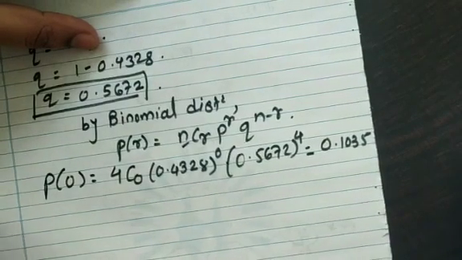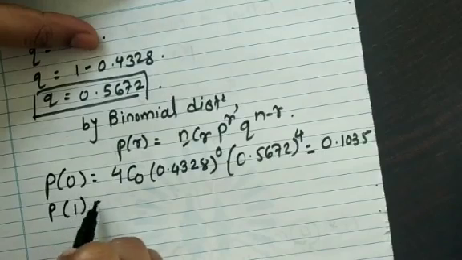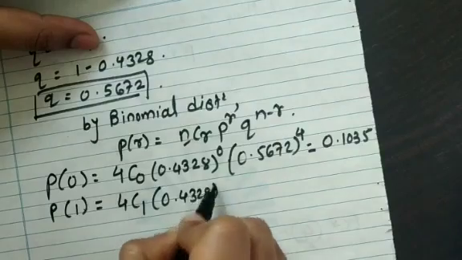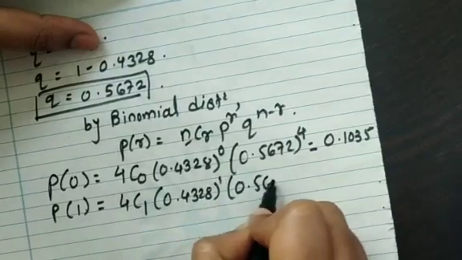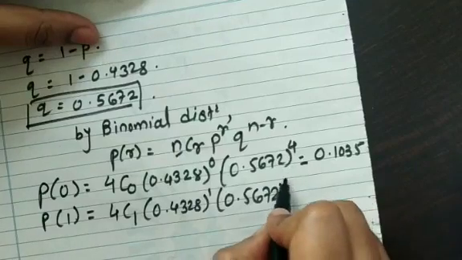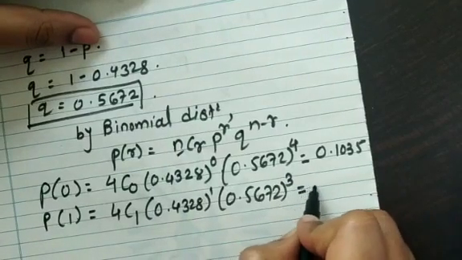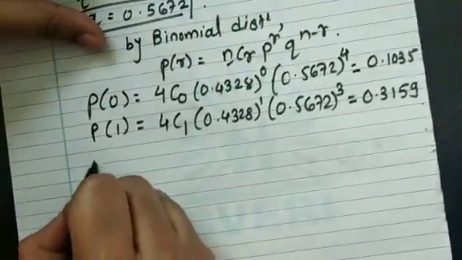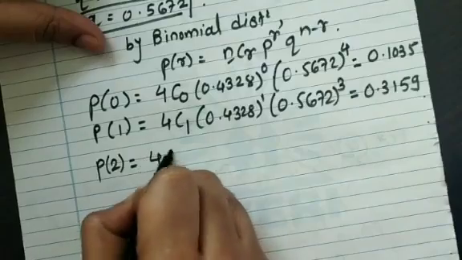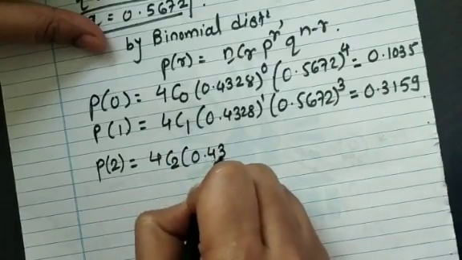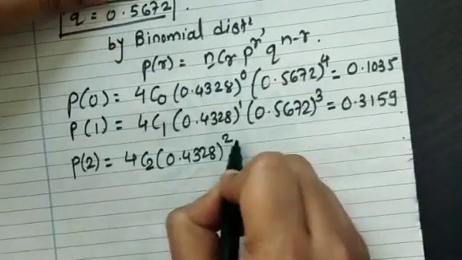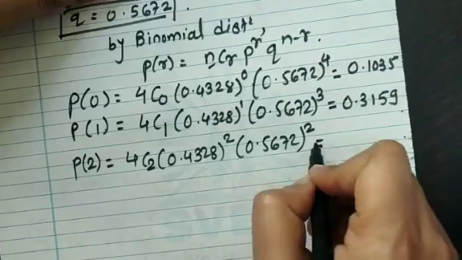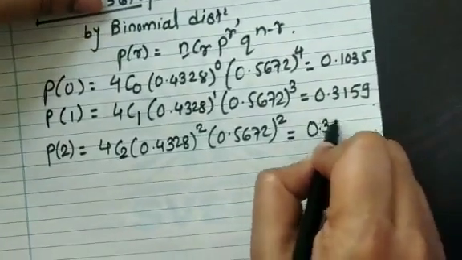Next, probability of 1 is 4C1 p raised to 1 into q raised to 4 minus 1, that is 3, and we get 0.3159. Next is probability of 2, 4C2 p raised to r q raised to 4 minus 2, that is 2, and we get 0.3615.